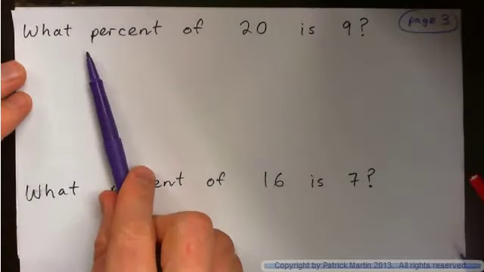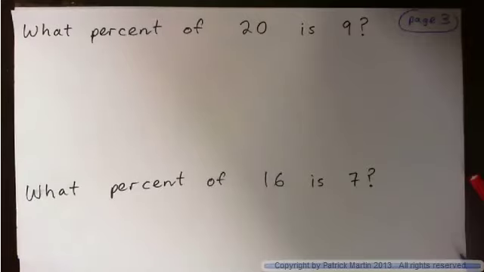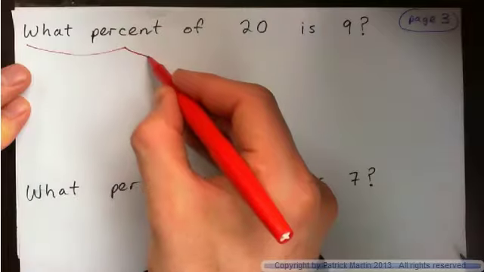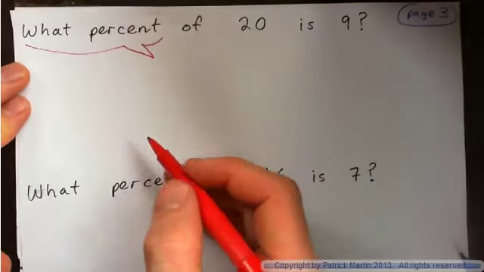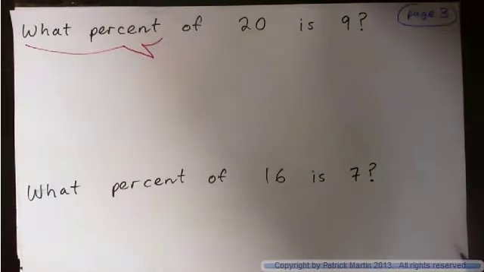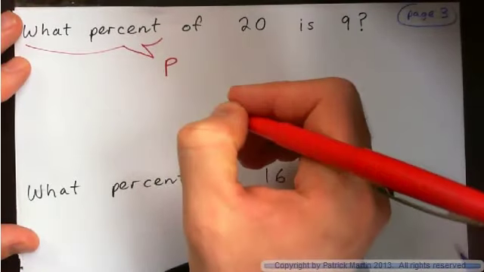So, what percent of 20 is 9? I'm going to set up the equations for all of these just for the fun of it because I think it's good practice for you. But what percent is something we don't know? Okay, what percent? I'm going to turn this whole sentence into an equation. What percent? I do not know, and I'm going to call it P. It's the unknown.